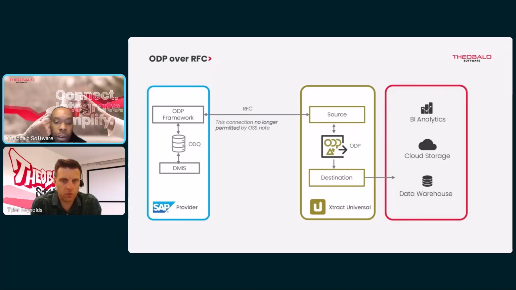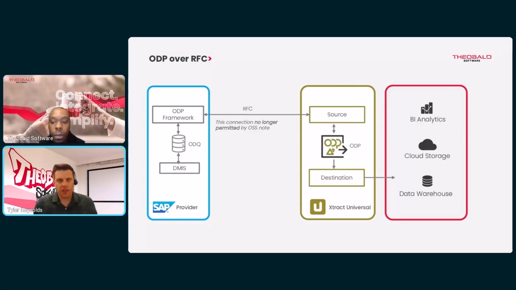The way that we went about it before over RFC protocol, we will extract that information, whether it be a regular data extraction or incremental loads through the ODP framework, trigger it, and it will then be directly passed through our tool. We do not save or land the data within our tool. We'll push it towards your destination. So specifically for the ODP component, we're pushing it over to either a BI analytics tool, cloud storage, or data warehouse through this RFC protocol.